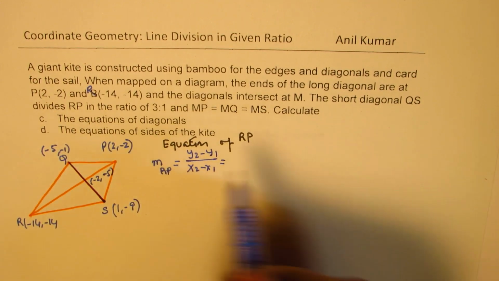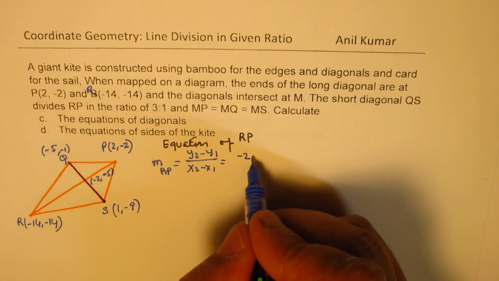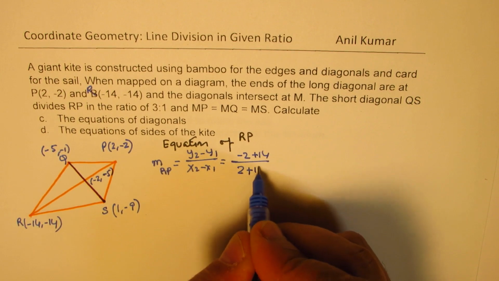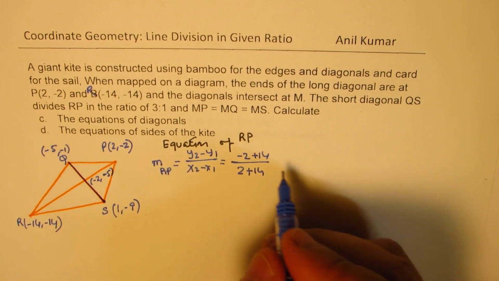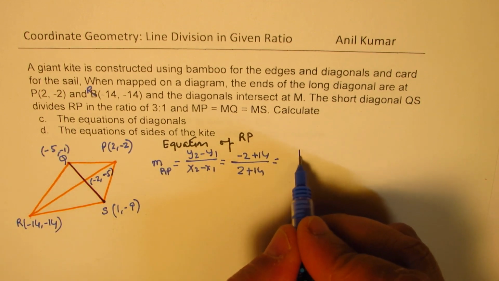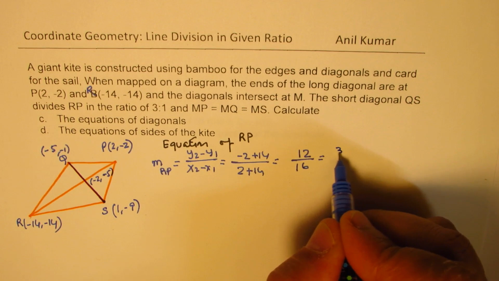So in this case, it is minus 2, you can use this point, plus 14 over 2 plus 14, because when you do minus of minus, you get that. So that is equal to 12 over 16, or dividing by 4, 3 over 4.